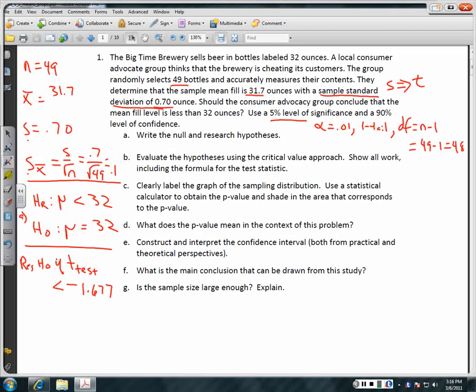Then I'm going to compute the t-test, and that's going to equal the statistic minus the hypothesized parameter over the standard error. And let's see, we had 31.7 minus 32 over 0.1.